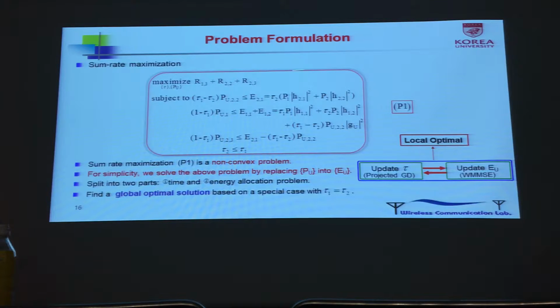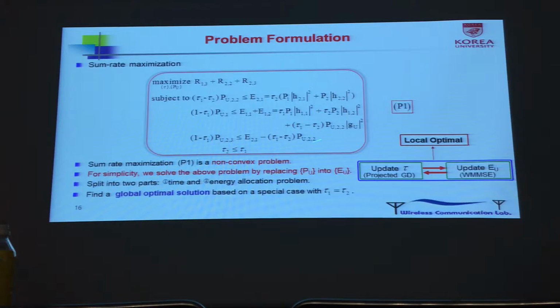So this is a mathematical formulation of how to maximize the performance. The major goal of this system is to maximize the throughput of the system by optimizing the time allocation tau and the allocated power for each user.